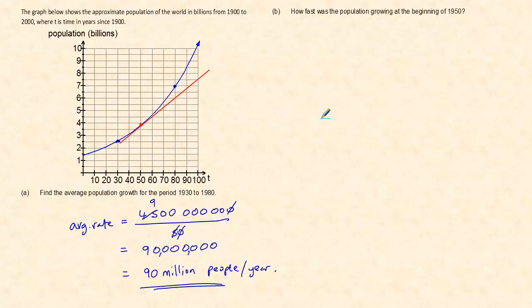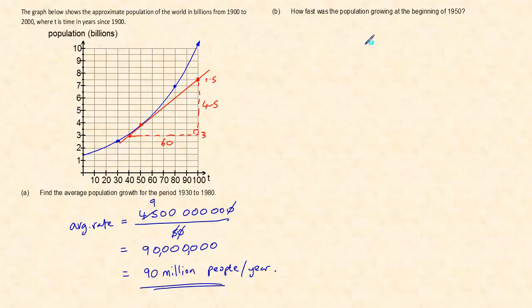And then what we want is a couple of convenient points on there in order to work out the gradient. Well, this looks like it's going through a grid point there, as does this. So form a right-angled triangle here. So this is at 3, and this one here is at 7.5, so that gives us 4.5, and we've gone 40 across there, so that's 60.